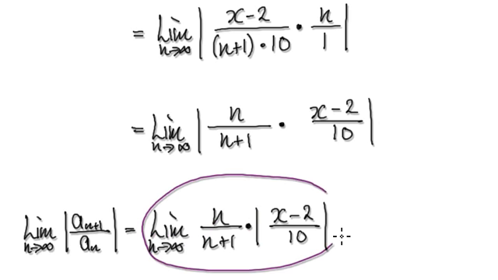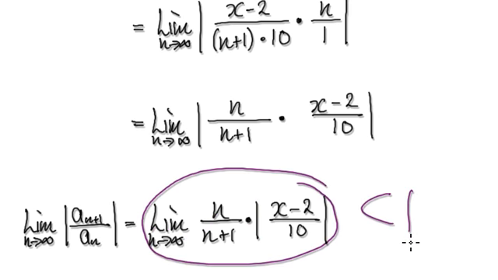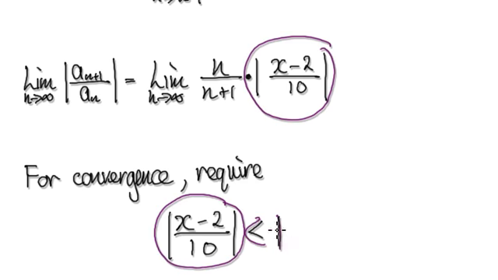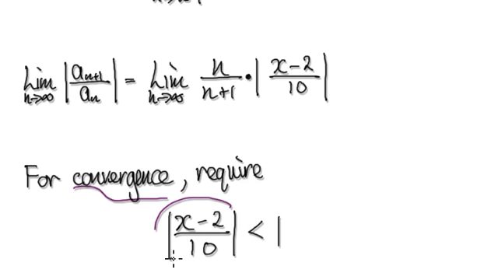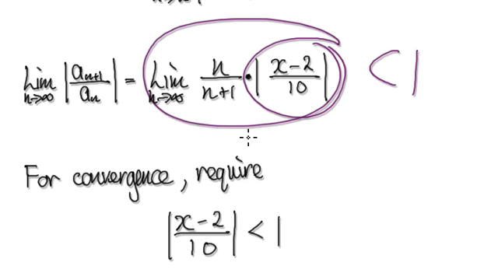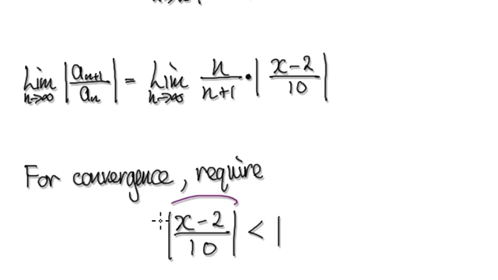So just concentrate on making this less than 1, because the minute this is less than 1, the whole thing will be less than 1. So we will have convergence.